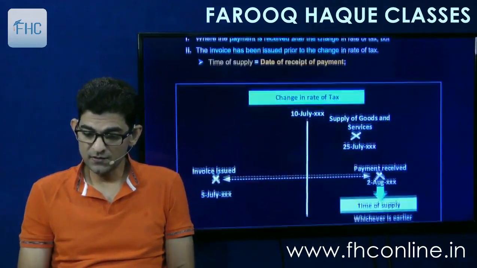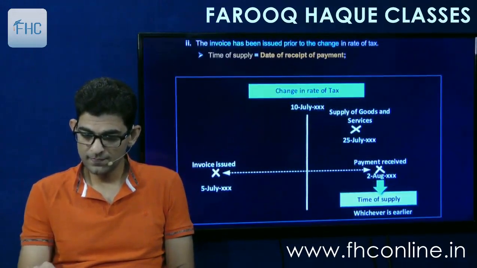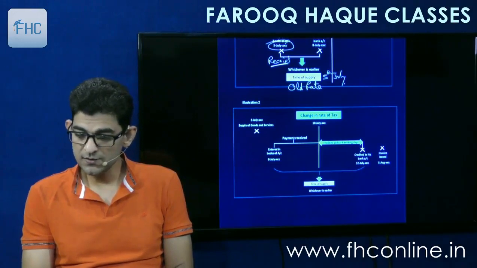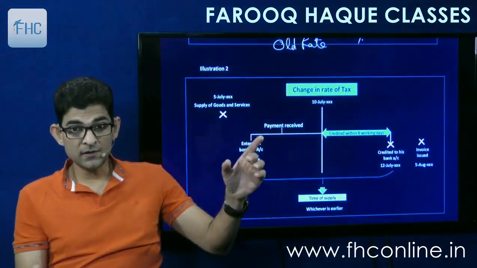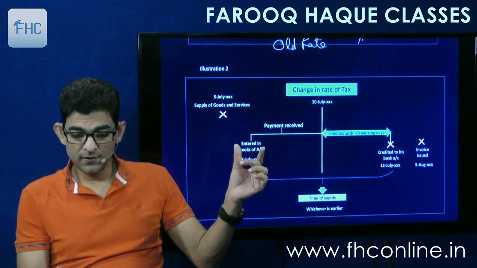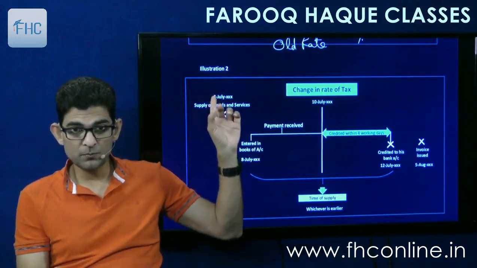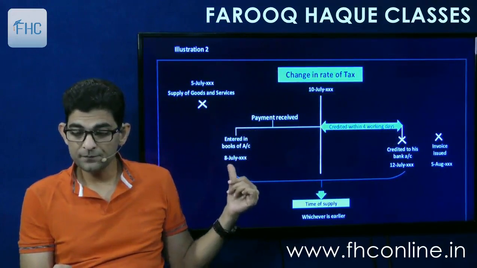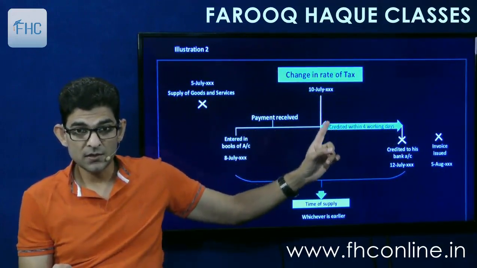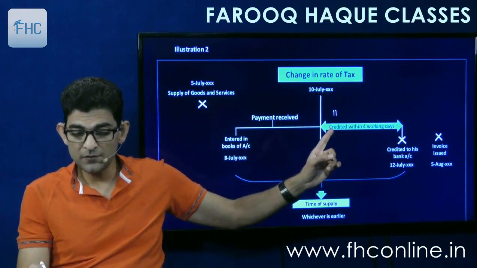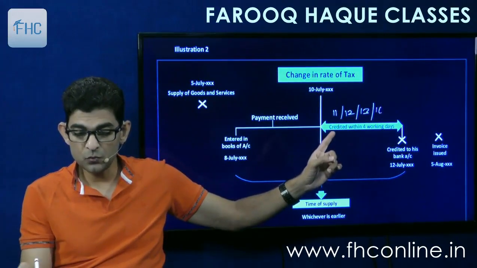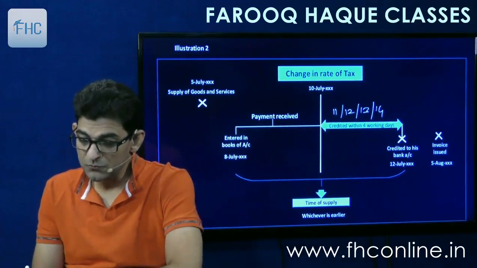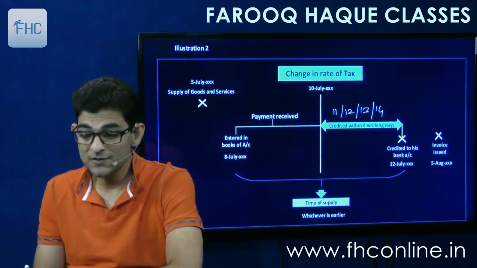Then the second illustration. Here, as you can see, supplies before, but entry in books is on 8 July. 10 July is a change. So if we count 4 days, it will be 11th, 12th, 13th and 14th. These are the 4 working days. The bank credit comes on 12th. That is within 4 working days.